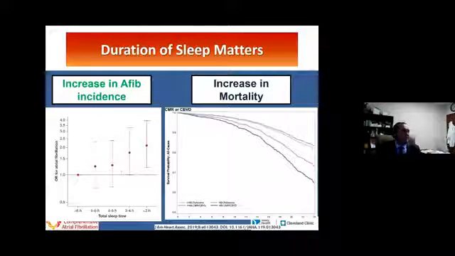If you sleep less than 3 hours a night, the incidence of atrial fibrillation increases by at least 2-fold. And as you can see in this graph, decreased sleep time can also result in increased mortality, with people sleeping less than 6 hours a night having an increased risk for death.